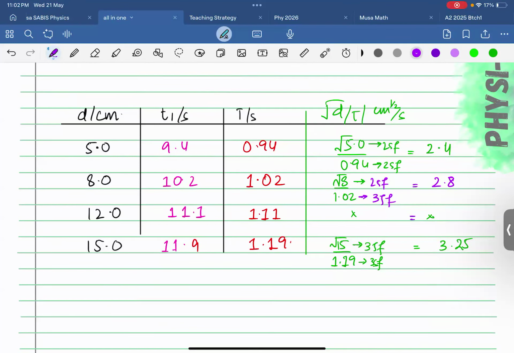And if I just find out the last value, that is 12 and 1.11, I'm getting 3.122. It's very simple. Both contain 3 SF, so your answer should contain 3 SF: 3.12. Now please don't get confused that these two quantities contain 2 SF and these two quantities contain 3 SF.